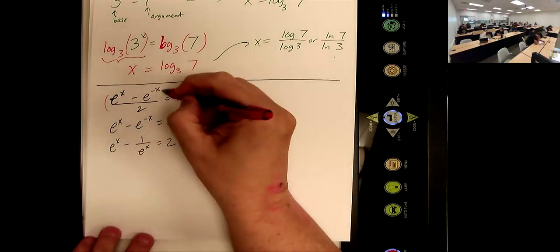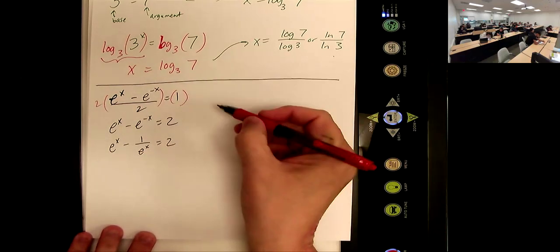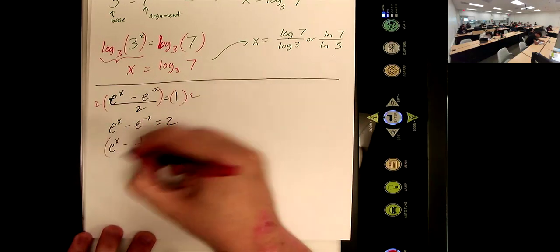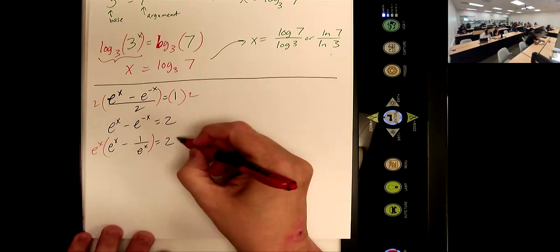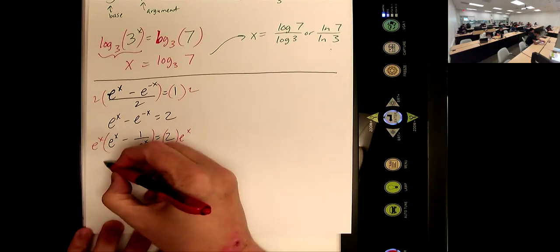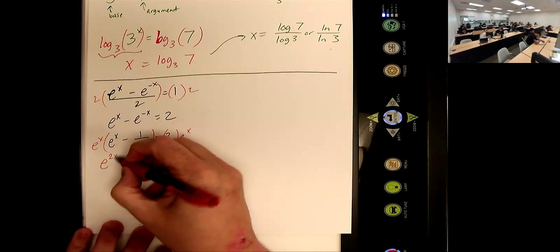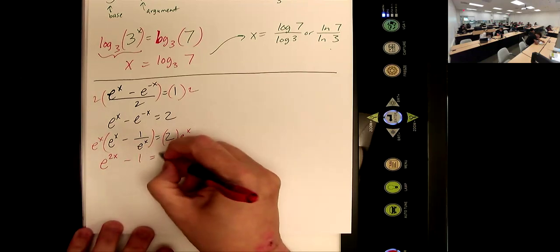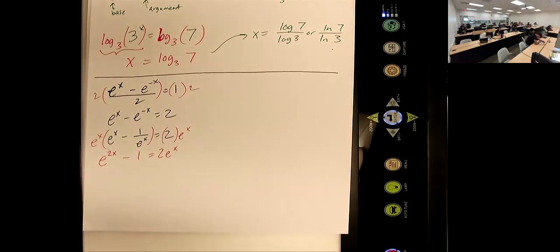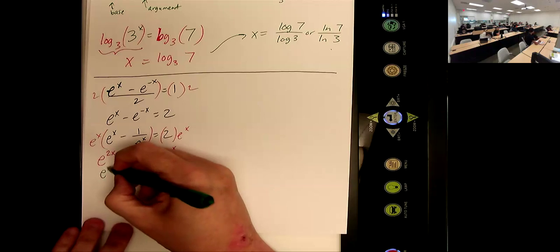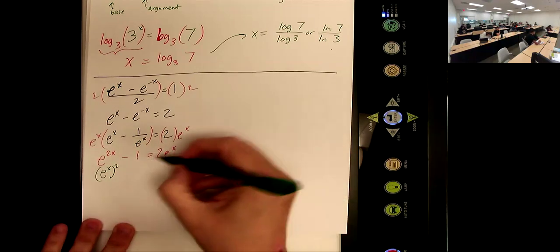So here I multiplied both sides by 2. Here, I'm going to multiply both sides by e to the x. And e to the x times e to the x is e to the 2x. Or another way of looking at that is e to the x squared, which you might find helpful during the next step.